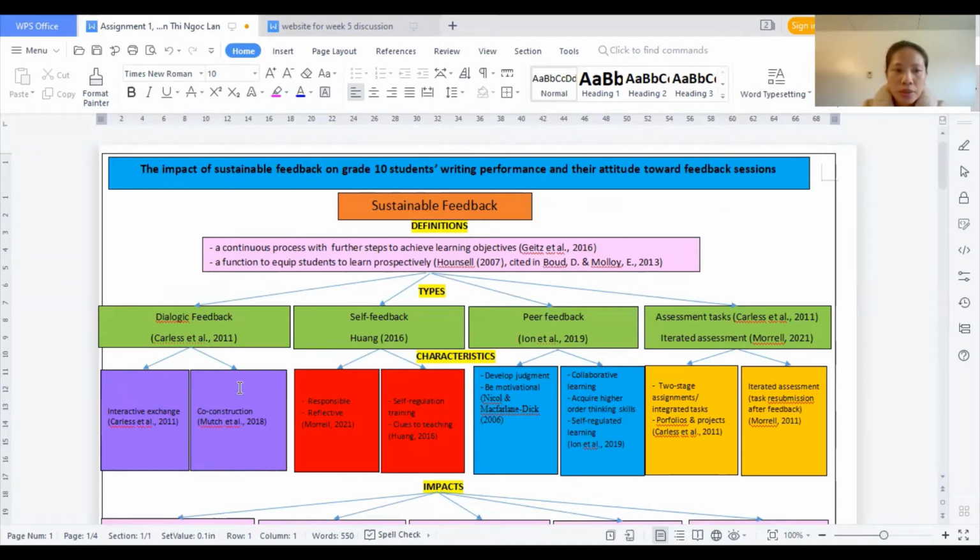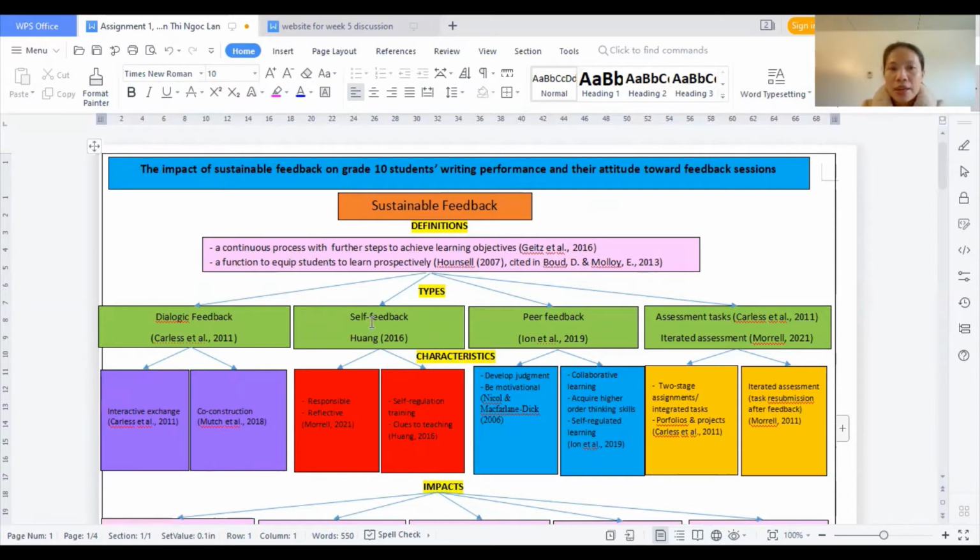Also, according to Nash et al. 2018, it is the co-construction between teacher and students. Both teacher and students can work together to find out mistakes and take strategies to improve their learning.